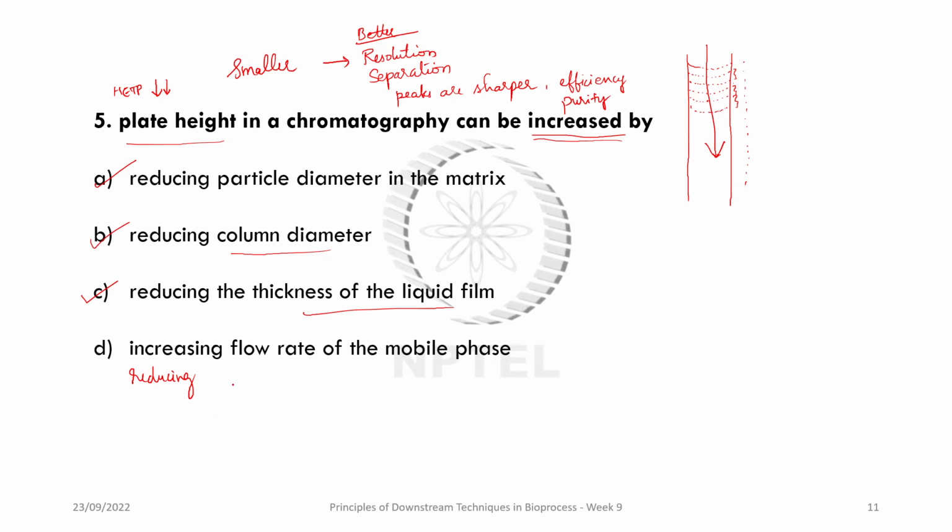I mean, we are not talking about the entire column moving, it's just that if the flow rate of the mobile phase is slower, separation is better because you're giving it more time to interact with the stationary phase. Correct? Therefore, increasing the flow rate is going to increase the theoretical plate height as asked in this question. So option D, as Urja pointed out, is the right answer.